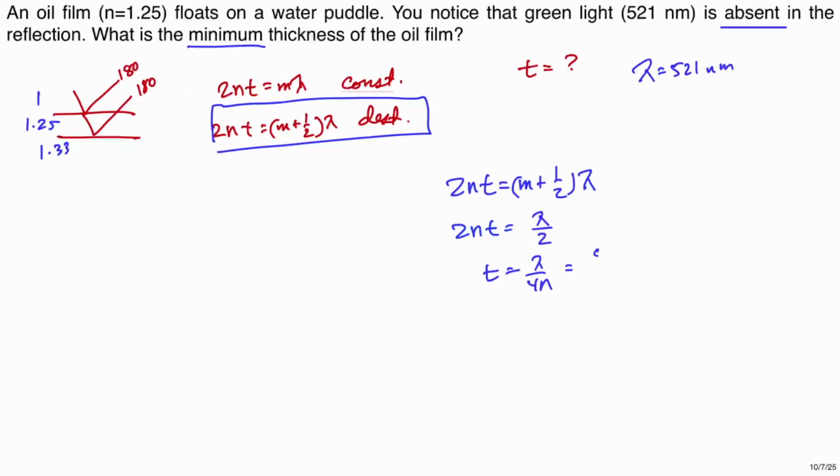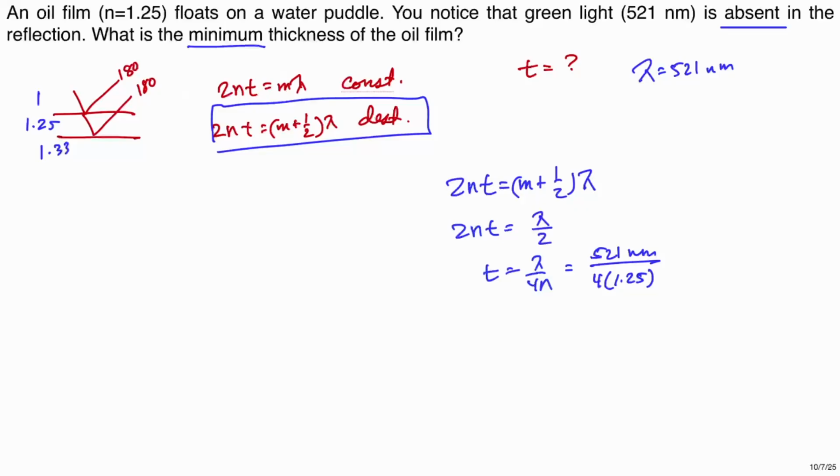So that's going to be 521 divided by 4 times, what index do I put in? This screws up newbies all the time. It's the 1.25, good. Why is it 1.25? It's the film, right? It's the film that matters.